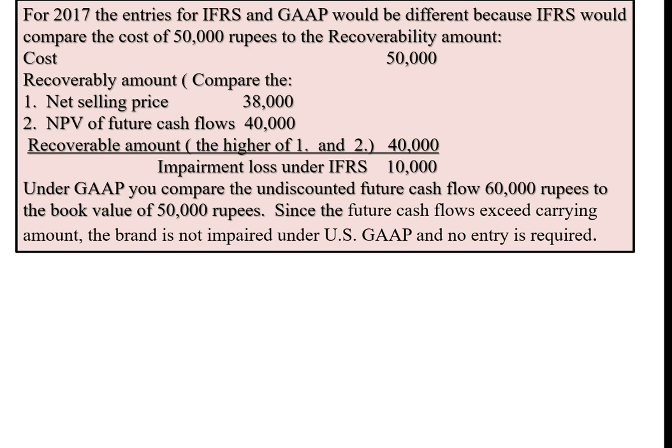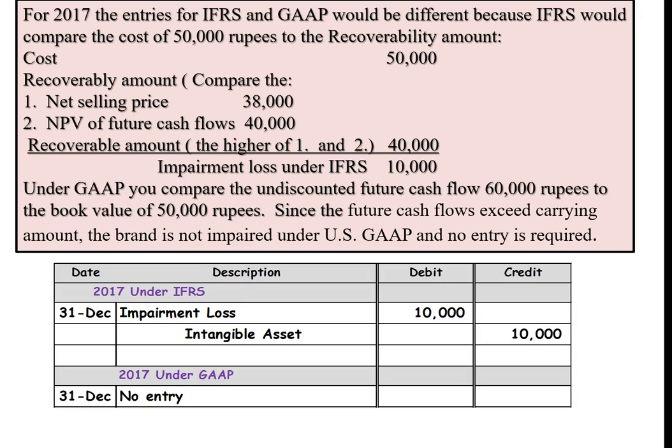under the international standard. Under GAAP, you compare the undiscounted cash flows, in this case 60,000 rupees, to the book value of 50,000 rupees. Since the future undiscounted cash flows exceed the carrying amount, the asset is not impaired under U.S. GAAP and no entry is required.